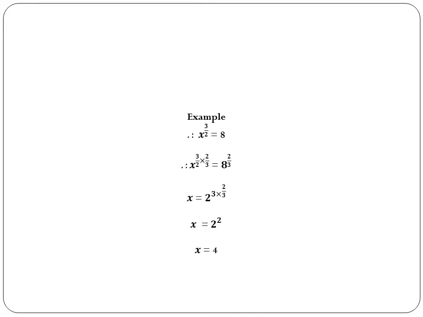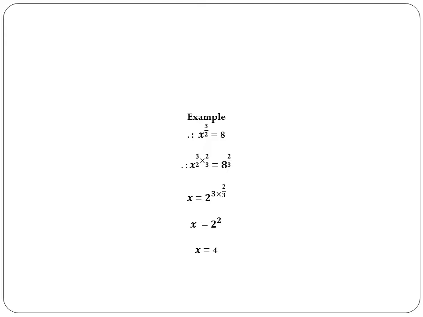Now let's take an example. If we have x to the power 3 divided by 2 is equal to 8, we are solving an equation involving a rational exponent, 3 divided by 2. We want to eliminate the exponent 3 divided by 2.